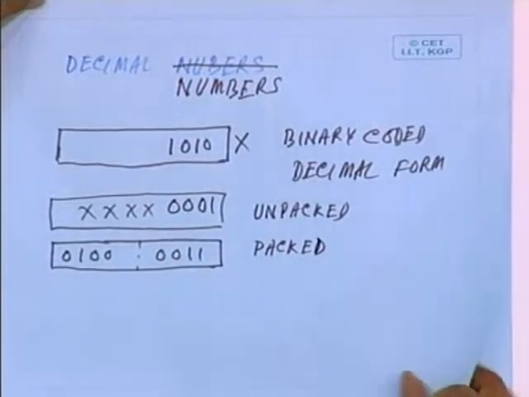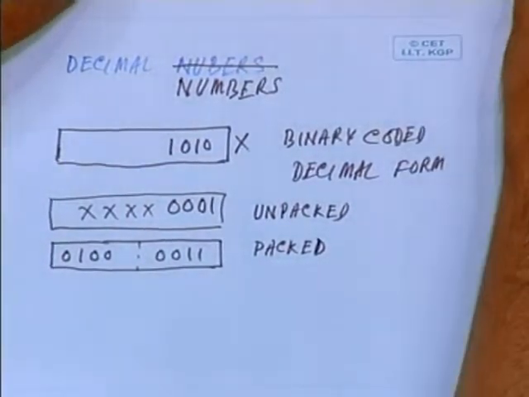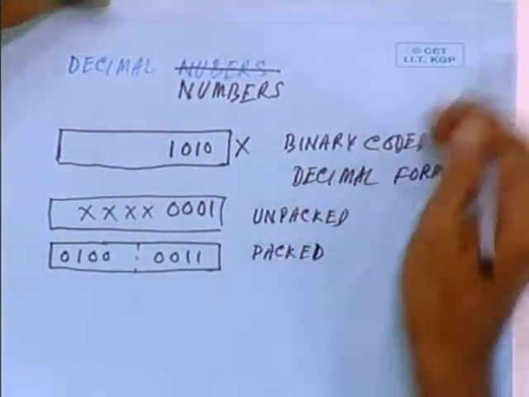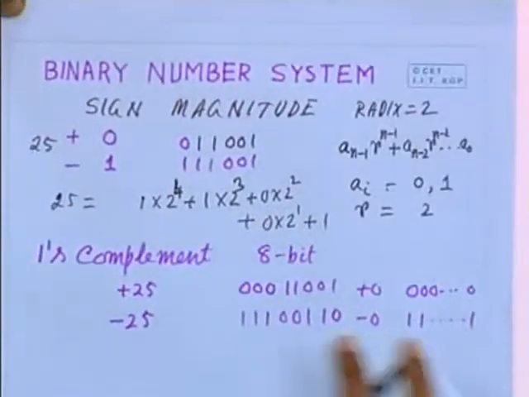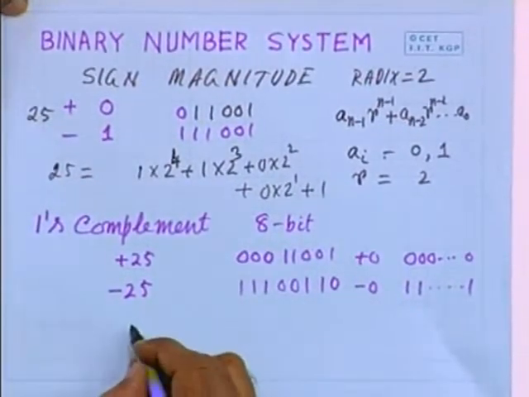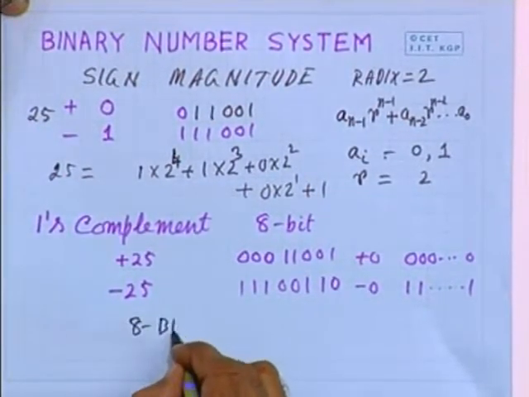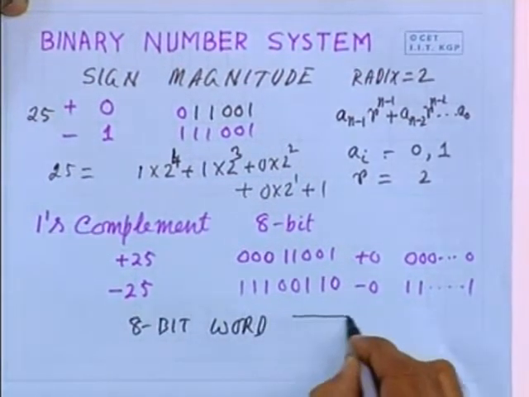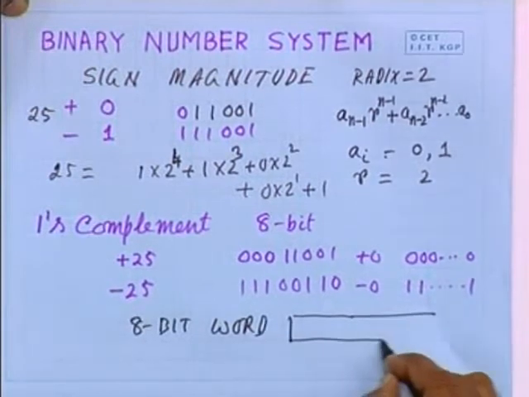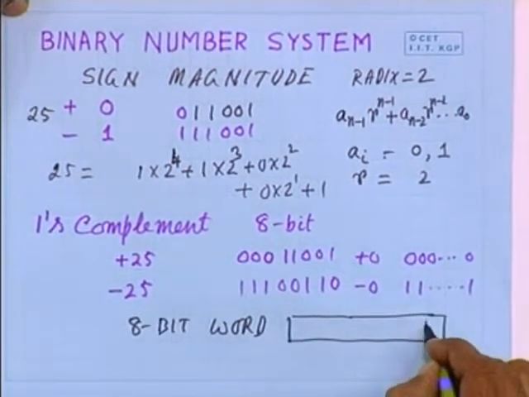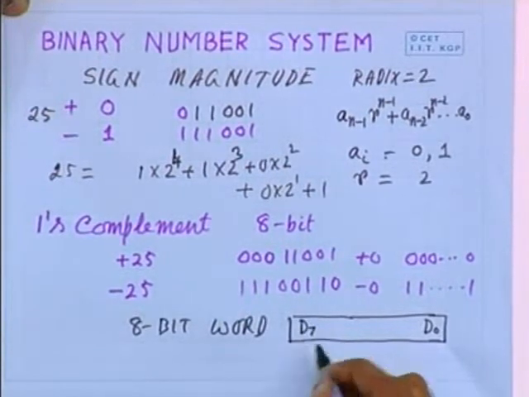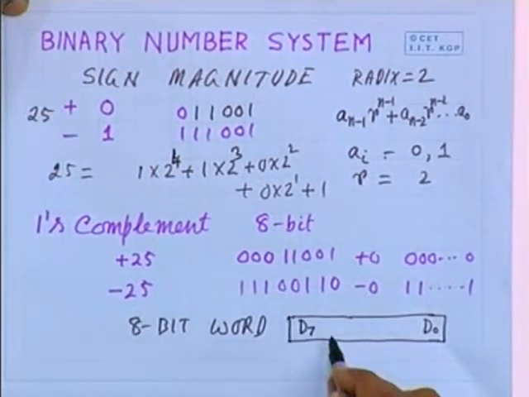and you will find that the numbers usually for 8-bit microprocessors will be an 8-bit word, where the least significant bit is stored in bit 0 and the most significant bit is the sign bit, and 7 bits are stored here.